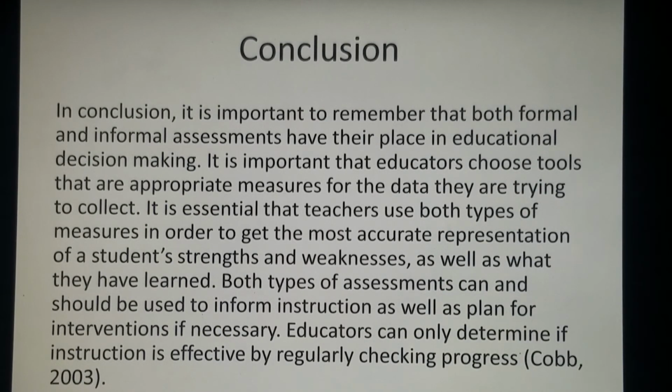So using both types of assessments can and should be used to inform instruction as well as plan for what students need, whether it be special education services or just simply intervention services, so that they can meet the standards that are set forth by the curriculum. So educators can only determine if instruction is effective by regularly checking the progress of their students.